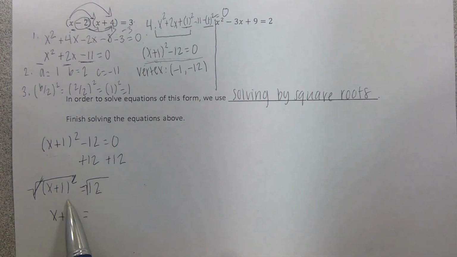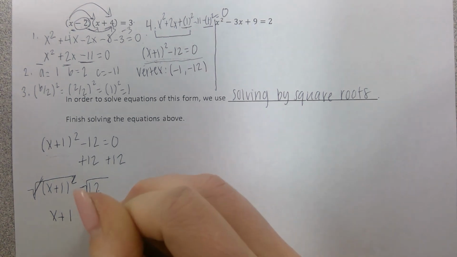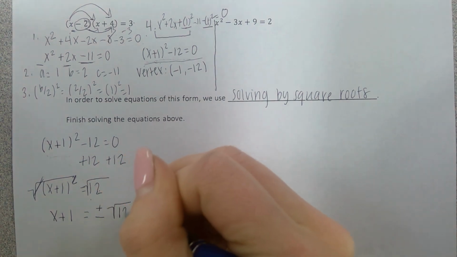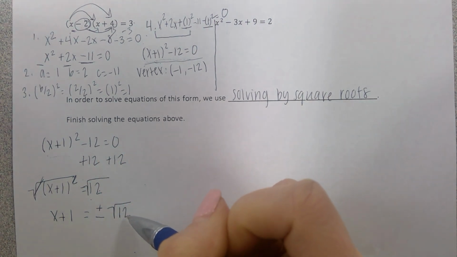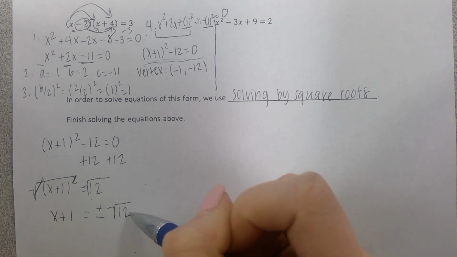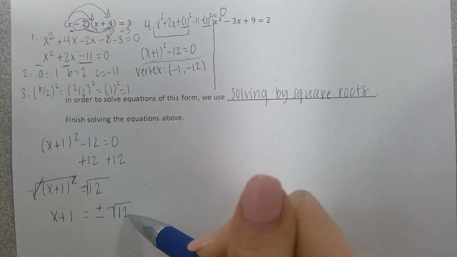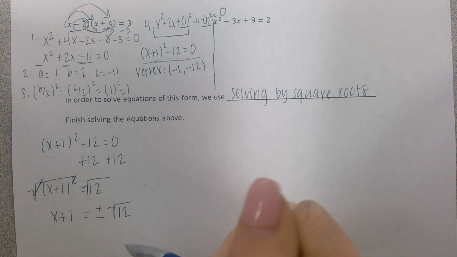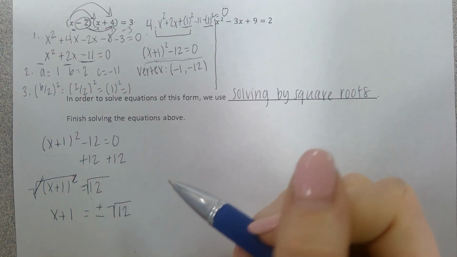when I have a square root on this side, remember that whenever we were doing inspection, we had 2 solutions. It's going to be the same. We're going to have plus or minus square root of 12. I'm okay if you leave it as the square root of 12. You can simplify it if you want, but this isn't wrong. On an EOC, you might see it simplified, so it might be worth trying to simplify that. All right, I'm almost done.